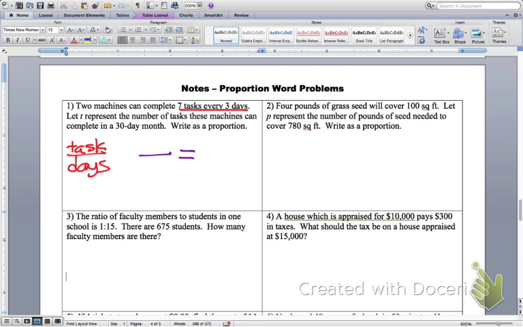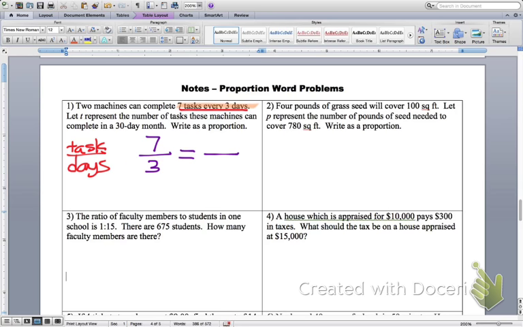So here's my setup for my proportion. So let T represent the number of tasks, and we're going to use the letter T. So for the first one, we're going to use our first information, which is 7 tasks in 3 days. I'm going to put 7 on top because that goes with the task. And 3 days goes on the bottom because days is on the bottom for our ratio.